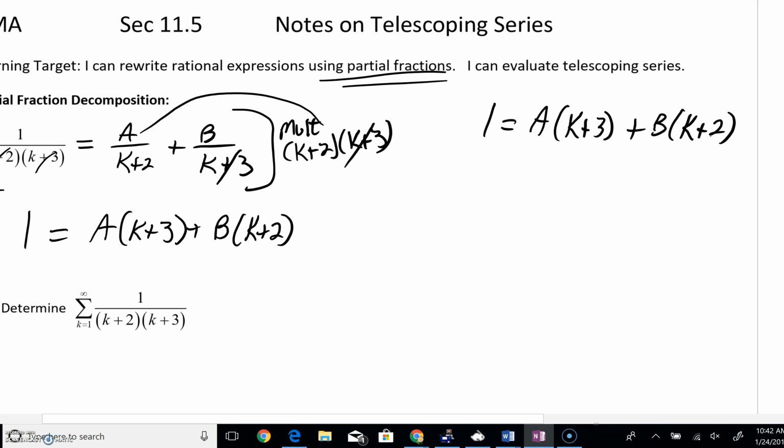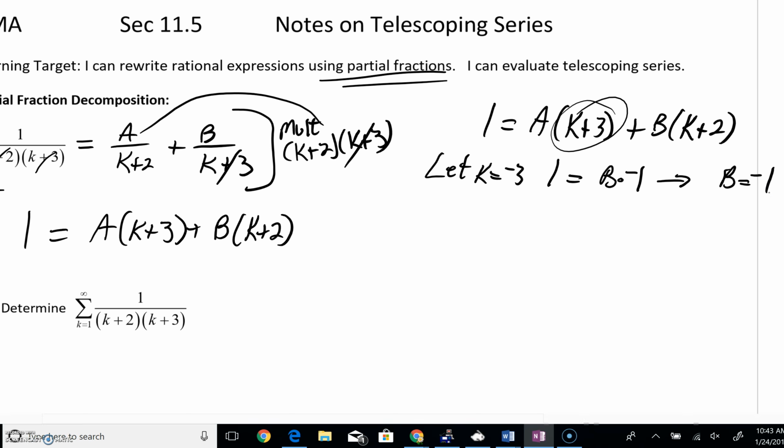So what's one value of k that we might want to plug in? Let's let k equal -3. Now, if we did that, this parenthesis right here would go to 0, and 0 times a would just be 0. Here, -3 plus 2 would be a -1, so I'd have b times -1. When I divide both sides by -1, you could quickly see that b would equal -1.